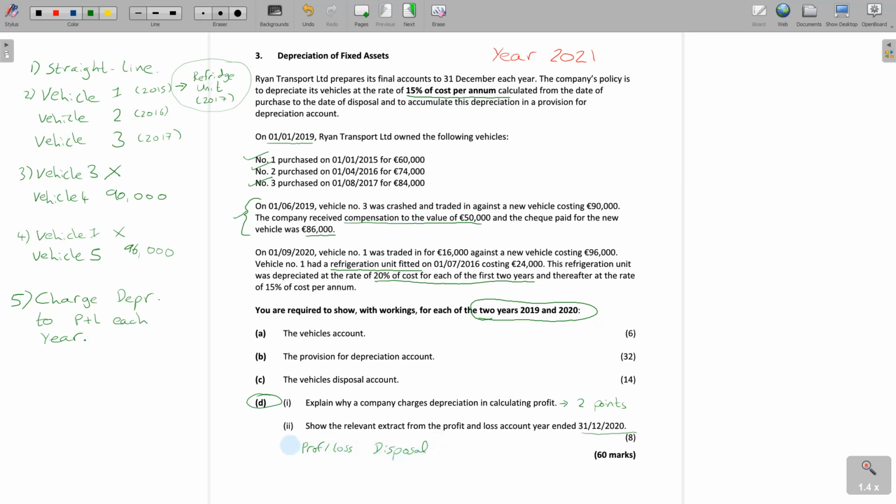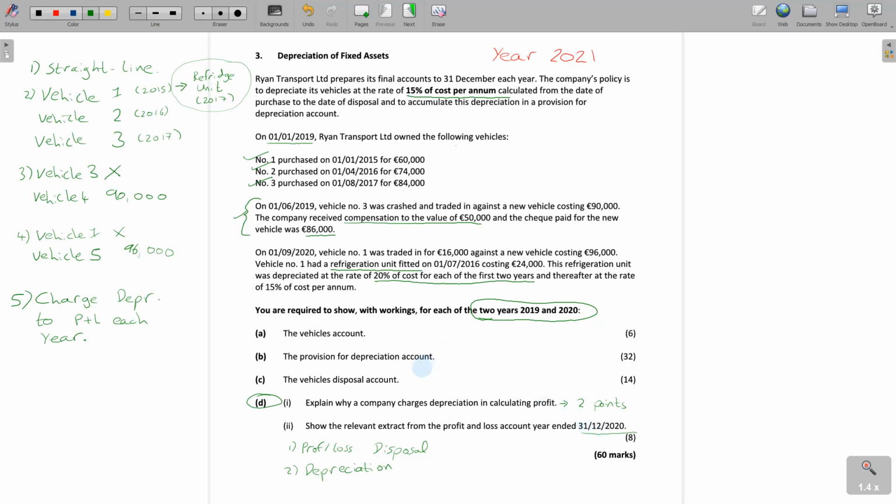So that's a P&L figure. As well as that, any depreciation charge for the year. So that will both be extracts in the P&L. And that is just for 2020, so it won't be including anything from 2019 in that.